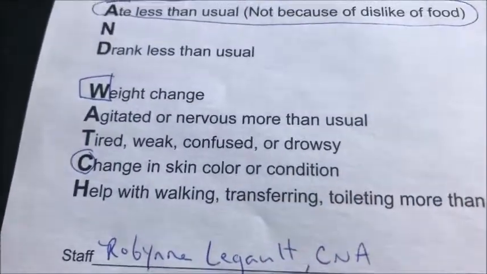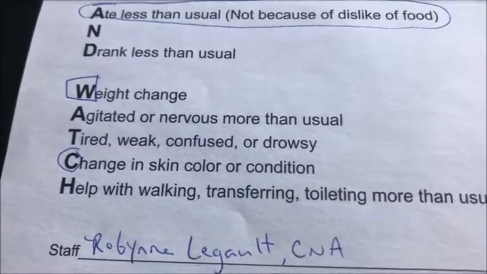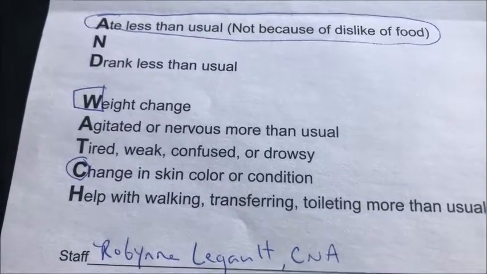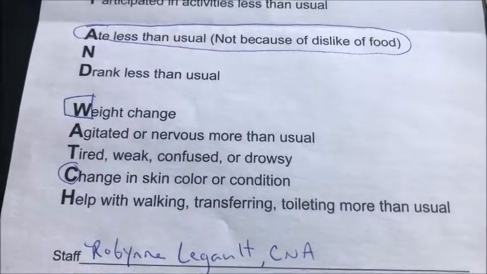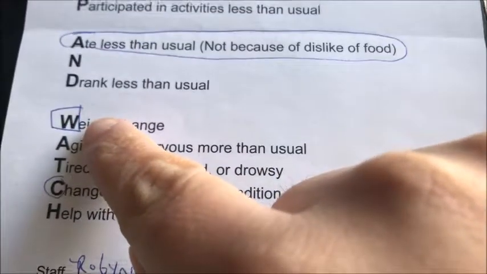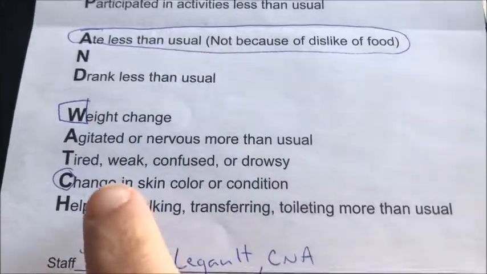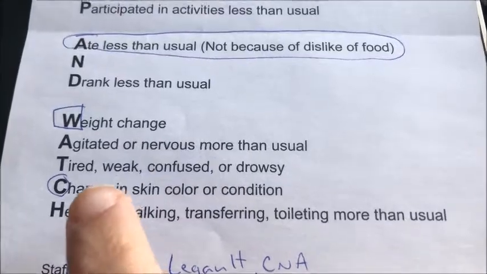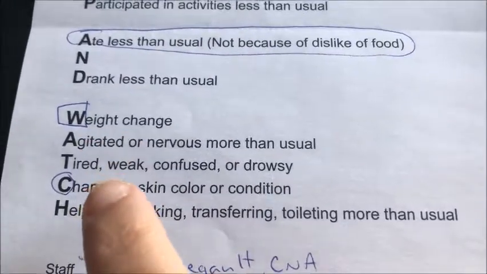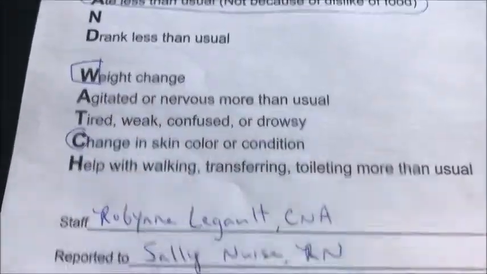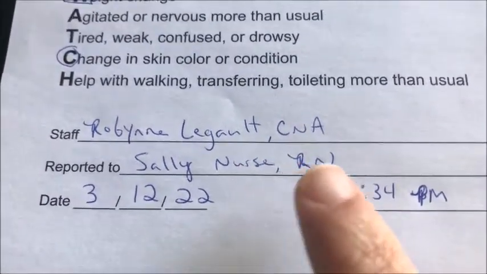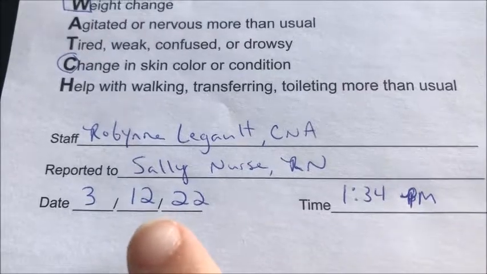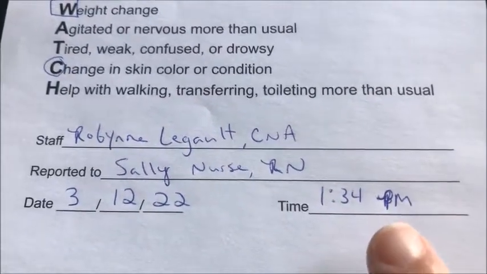Weight change, agitated or nervous more than usual, tired, weak, confused, or drowsy, change in skin color or condition, help with walking, transferring, toileting more than usual. I put a square around weight change, and I circled the C on change in skin color or condition, and then you sign it, my name, CNA, Sally Nurse, RN, the date, which is way in the future, and then the time.